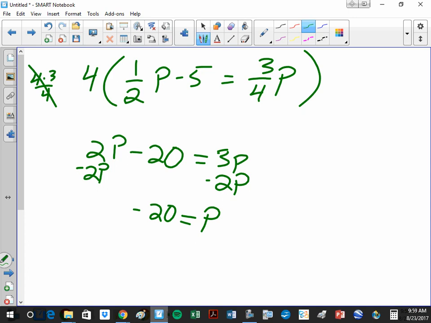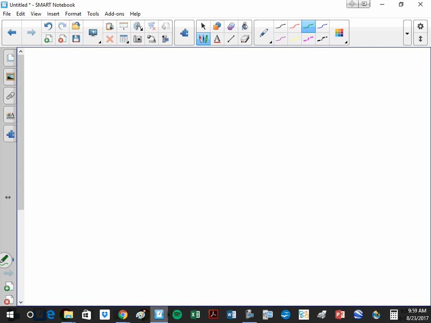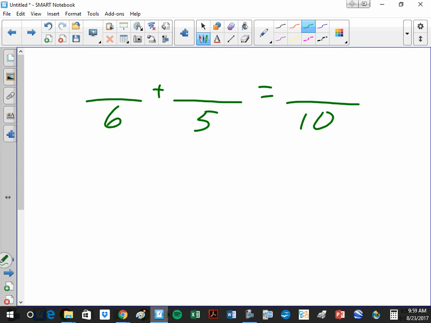Yes. Okay, what about 37? Multiply by 6. What if I had, and it doesn't look like you're going to have to worry about this, but what if I had a 6 and a 5 and a 10? The least common multiple is 30.